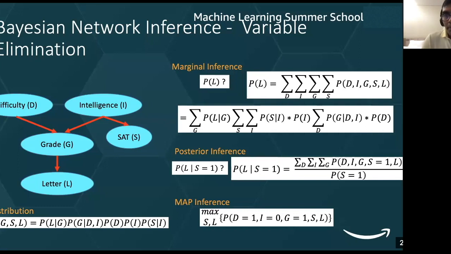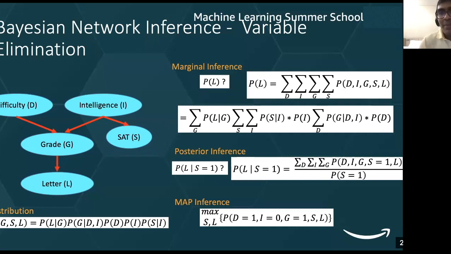As I was mentioning in the last slide, you have the three different forms of inference: the marginal, posterior, and MAP inference. If you look at marginal inference, one example in the student network would be finding the probability of L, where L is a letter and it can take on two values, 0 or 1.